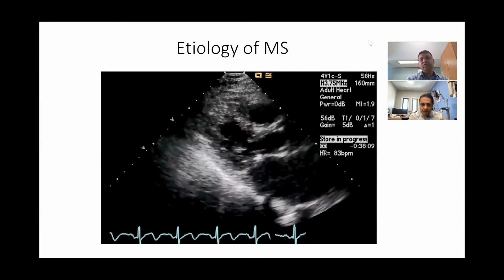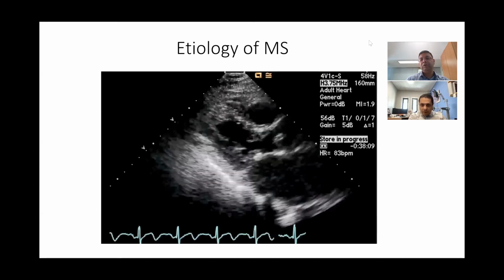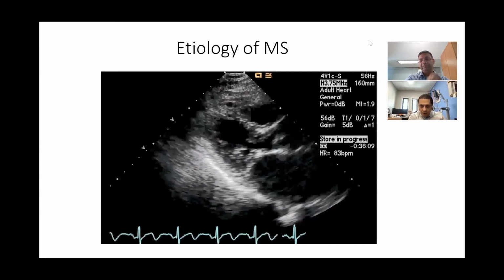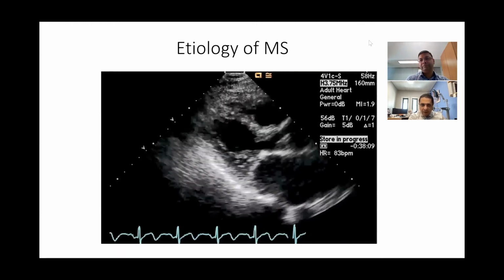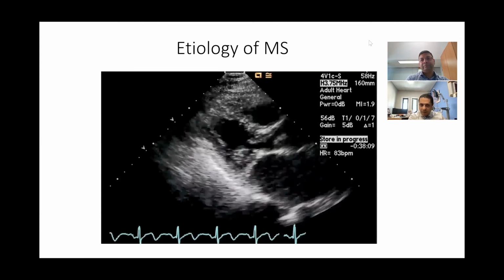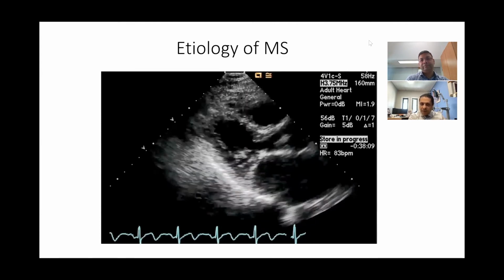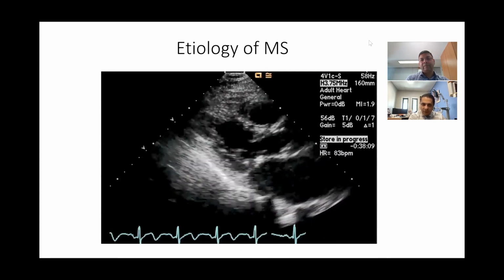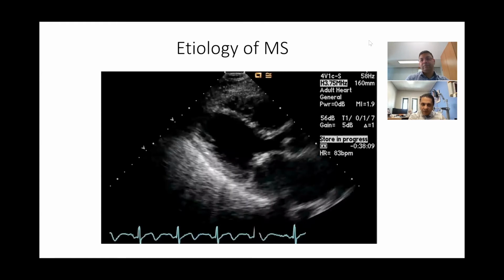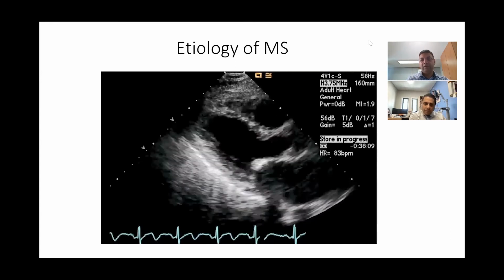And which area is more affected, the tip or the base, and what do you think is the etiology? It looks like mainly the leaflet tips have been involved here, with more heavy calcification at the tips with a very small orifice. So I'd expect it's rheumatic disease as the underlying pathology. Yeah, thank you. So it looks like it's rheumatic.